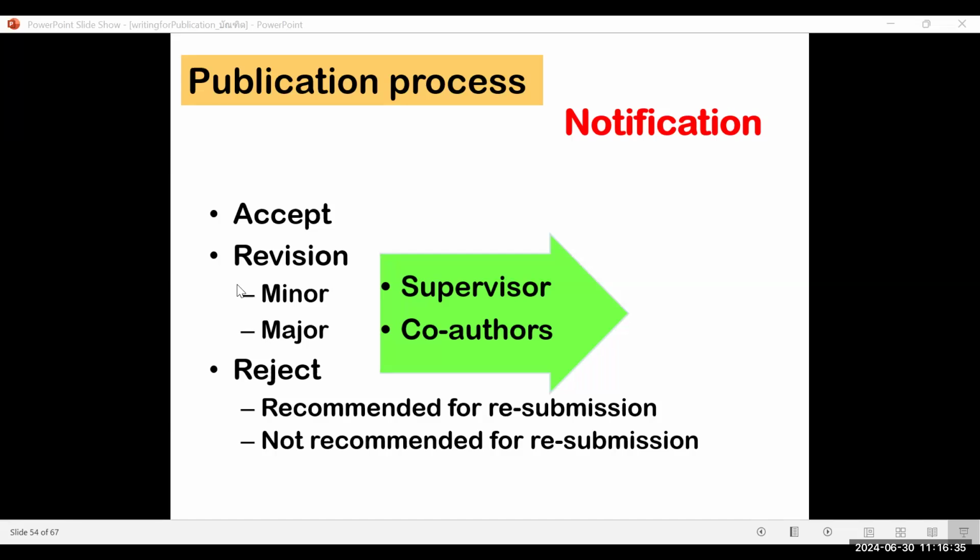When you receive a notification from a reviewer, go back to check your manuscript first and consult with your team on what direction you're going to revise your work. Is it necessary to do all of the experiments that the reviewer asks you to do? If your team agrees that the methodology you designed is relevant and adequate enough to answer the objective that you have set, you need to communicate back with the reviewer.